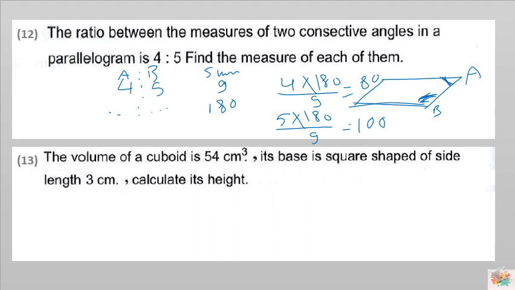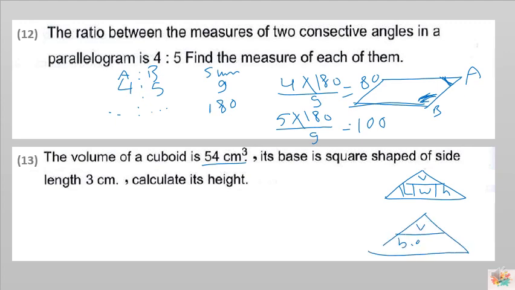The last question. The volume of a cuboid is 54. Don't forget, for volume we have two things: either length times width times height, don't forget this, or volume equals base area by height. Remember that the cube or cuboid has 6 faces, 8 vertices, 12 edges. Okay, its base is a square shape of side length 3.